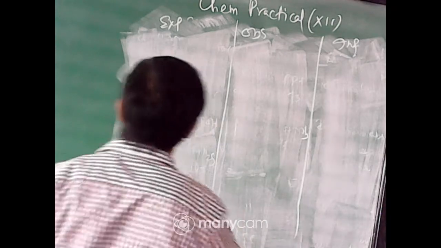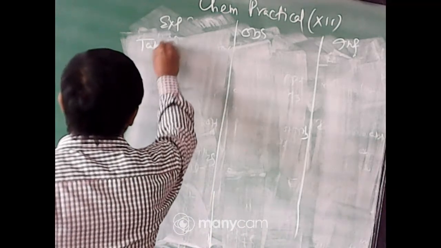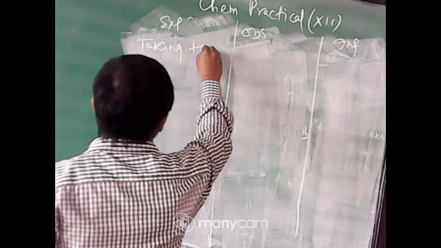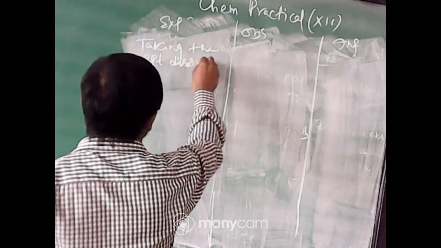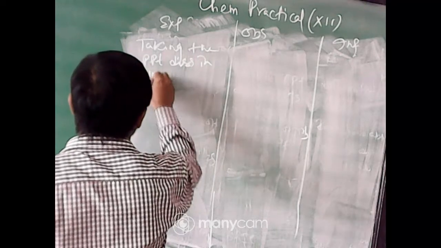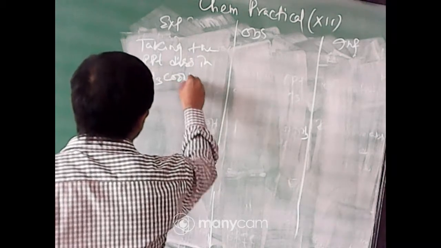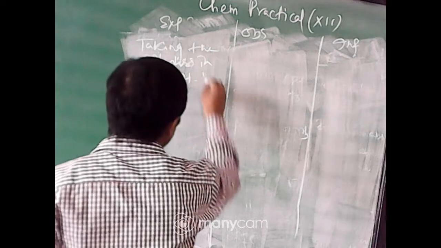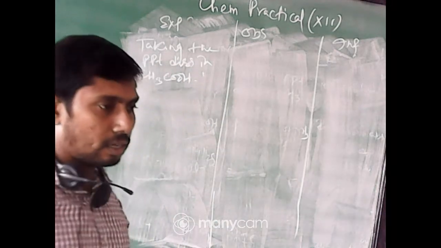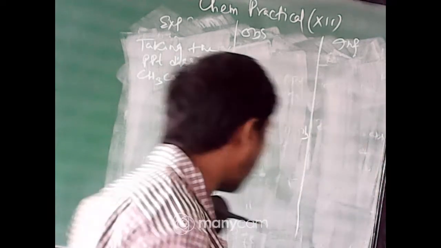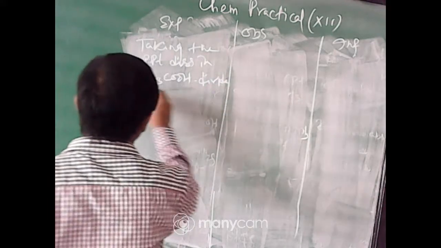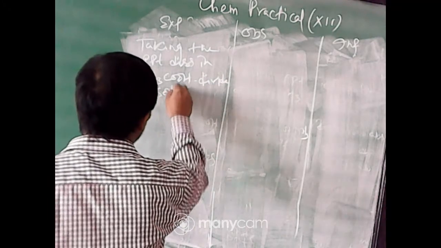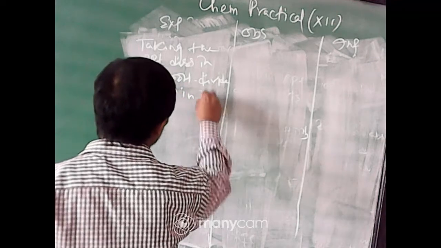Taking the PPT, dissolve it in acetic acid, and divide the solution into 3 parts.